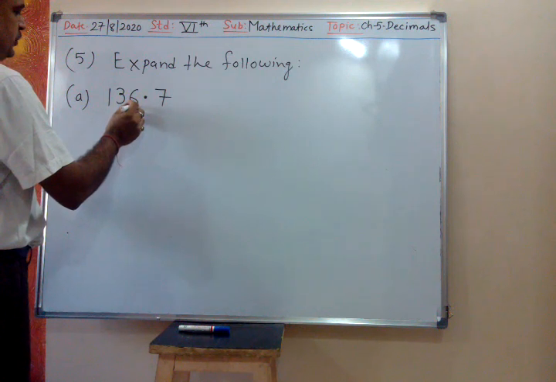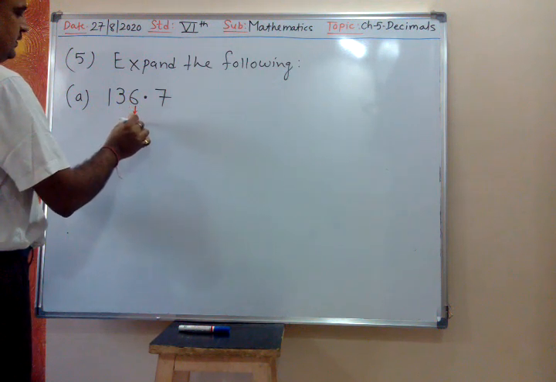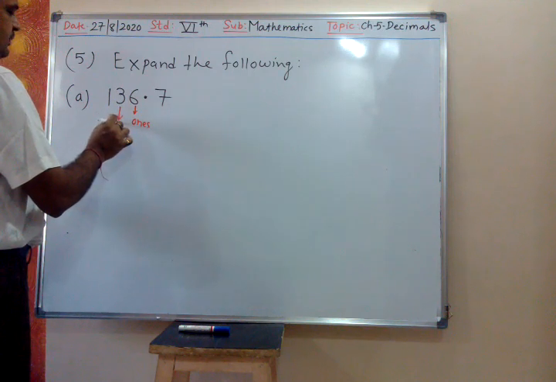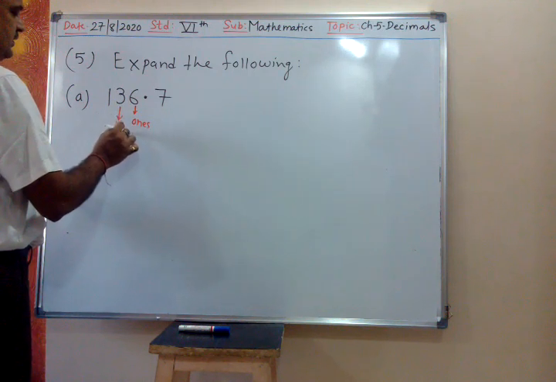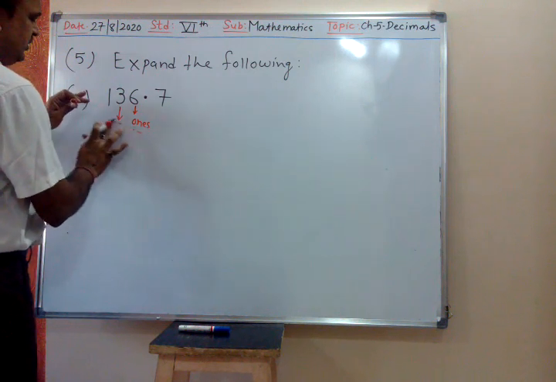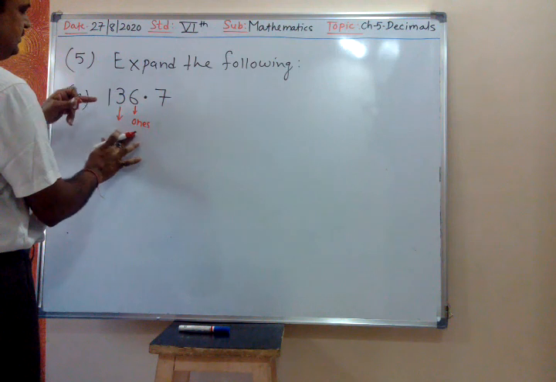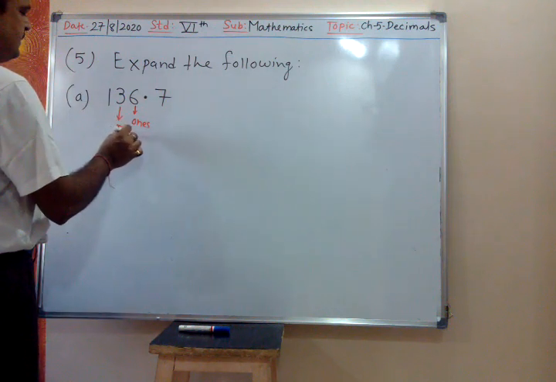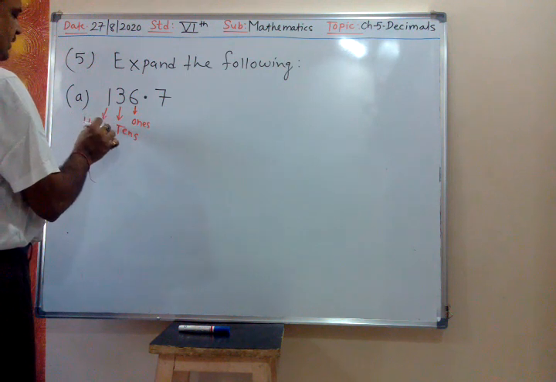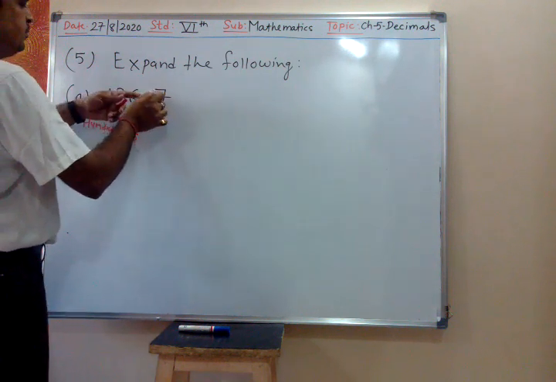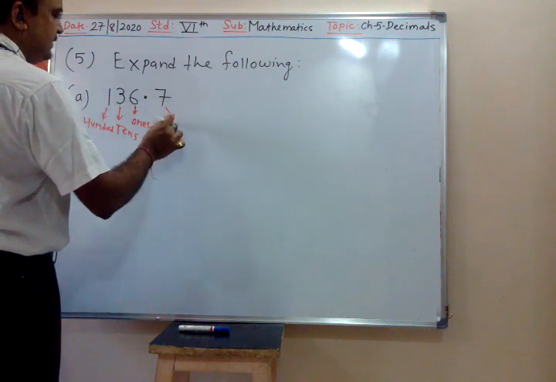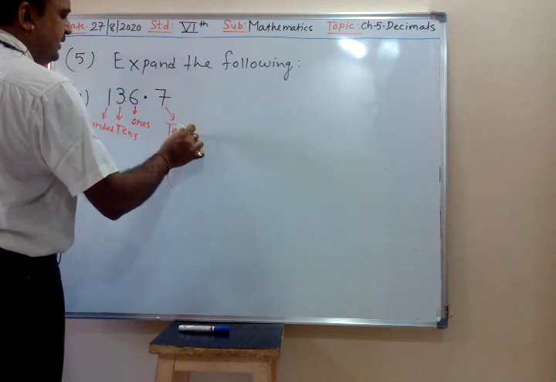So the position of 6 is ones, the position of 3 is tens, and the position of 1 is hundreds, correct? And after decimal it is tenths.